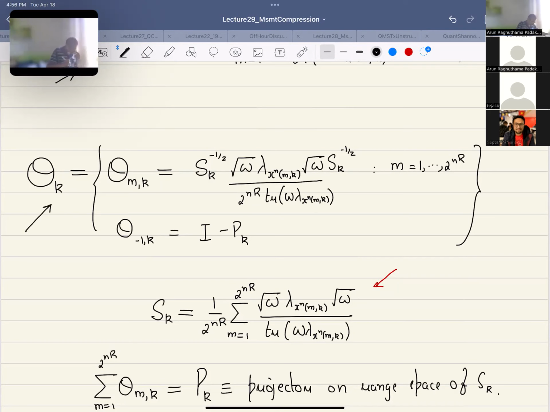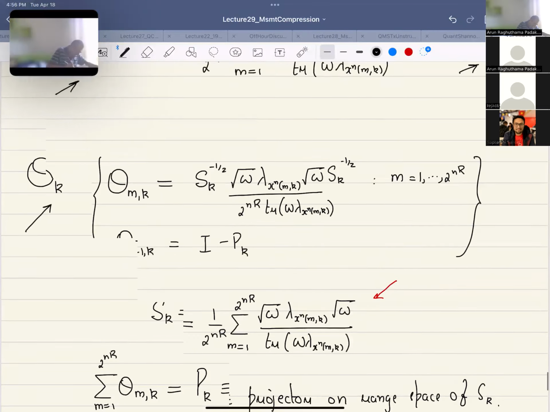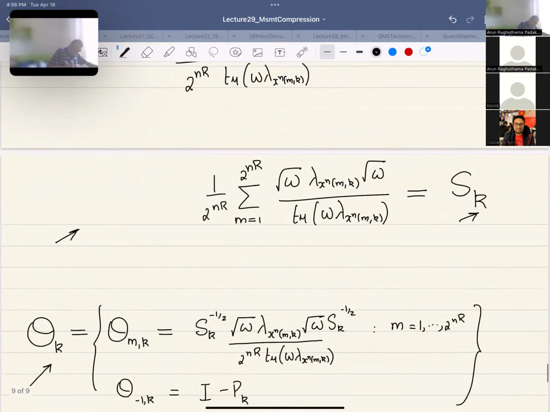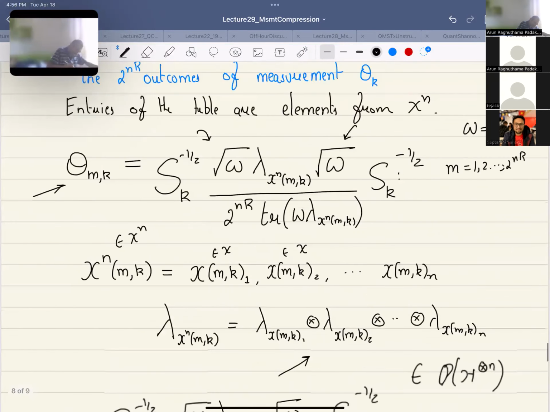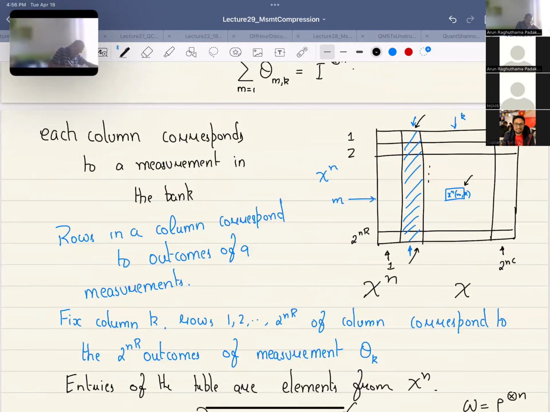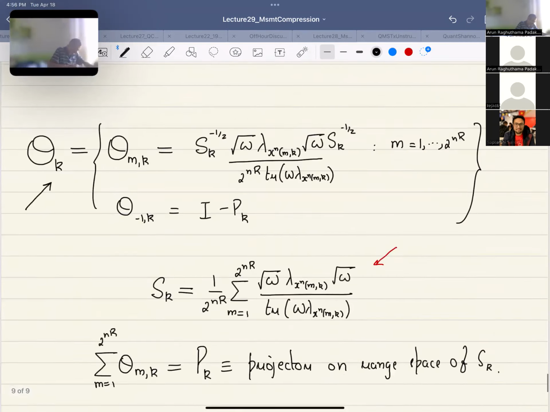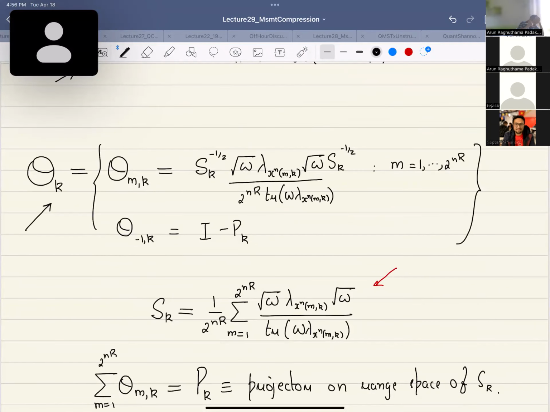So what does this mean? The moment I have a populated table, I have a bank of 2 power nr measurements. Why won't it be identity? See, the inverse of an operator is defined only on its support.